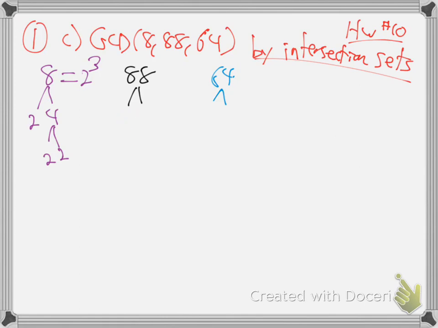8, whoops, got the wrong color there. So 88 is 8 times 11, 2 times 4, 2 times 2. So what's that? 2 cubed times 11, right? That's the breakdown for that.